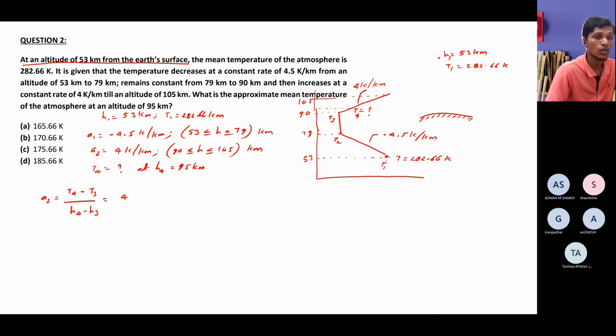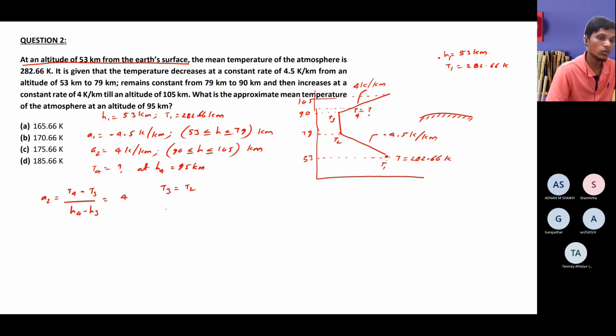But here there are two unknowns, T4 and T3. But you can find T3 by saying T3 equals T2, because you have the isothermal region here. Since it is a constant temperature or isothermal region, your temperature won't vary. So that is why T3 equals T2.